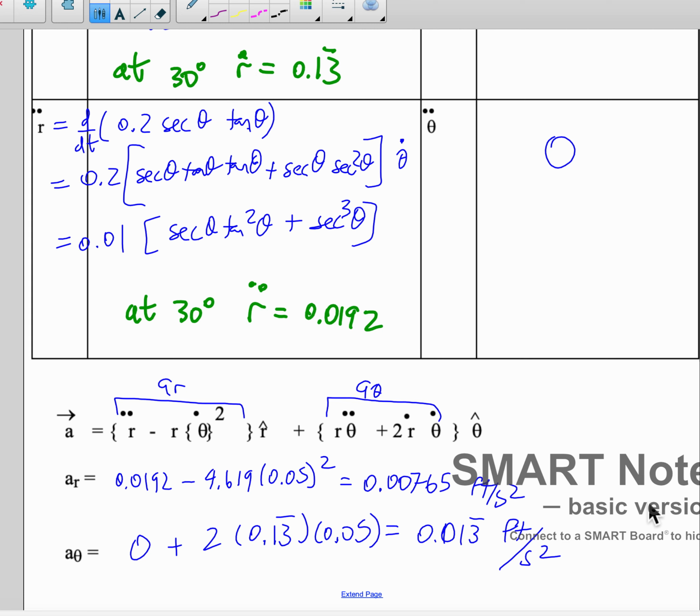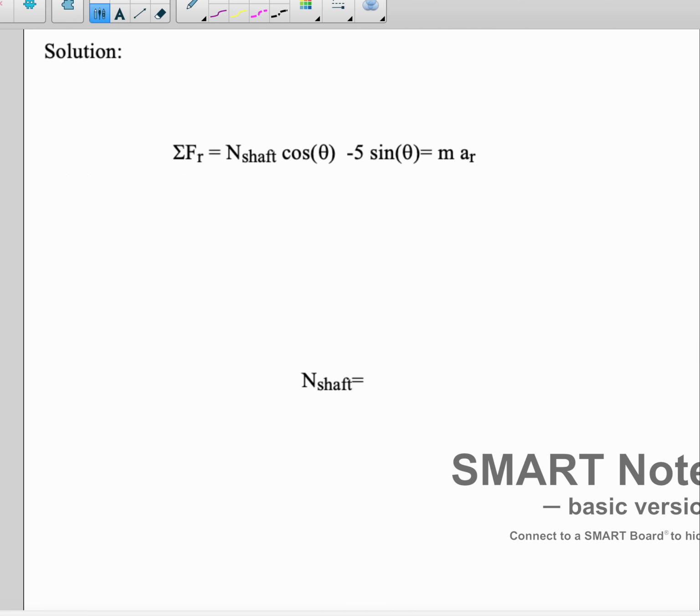Changing the slide. Here are the equations rewritten for us. I substituted in the fact that the weight was 5. Remember, in the imperial system of units, we need to divide that weight in pounds by the gravitational field strength, which in units of feet per second squared is 32.2.